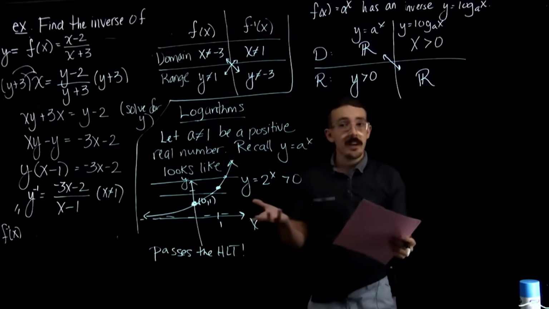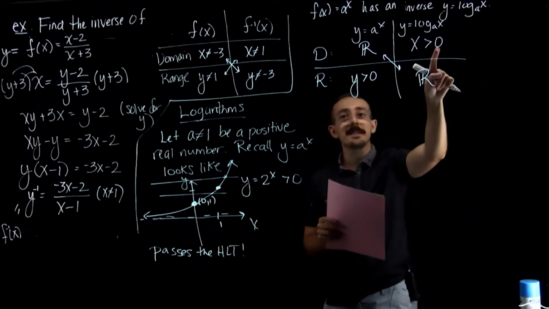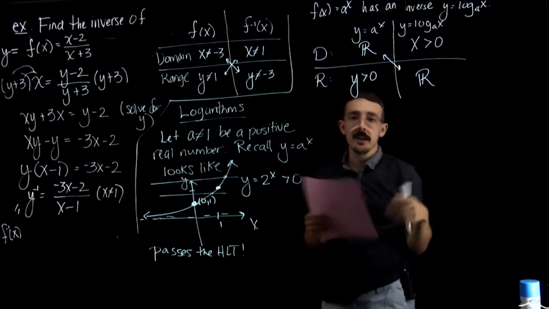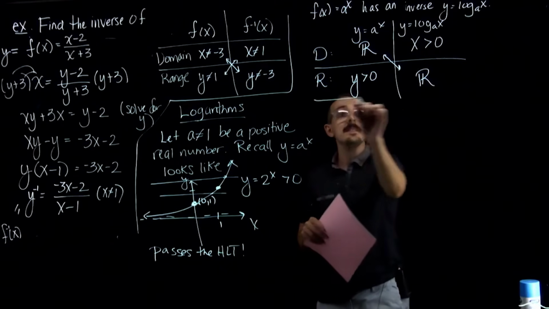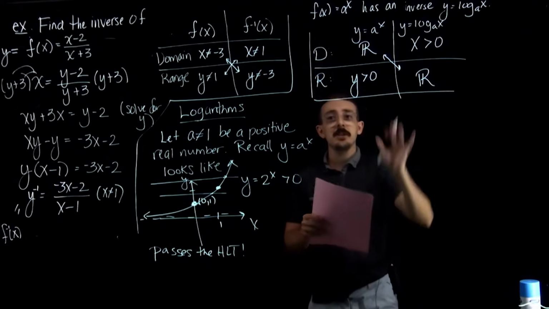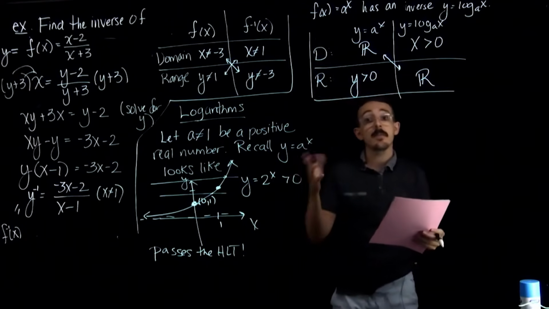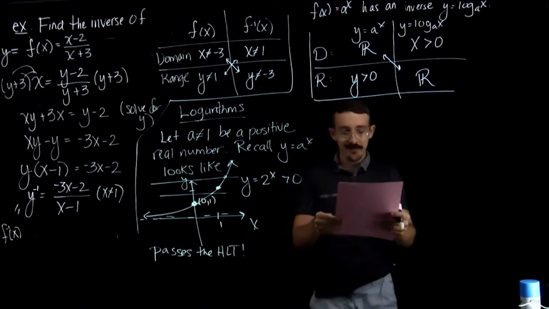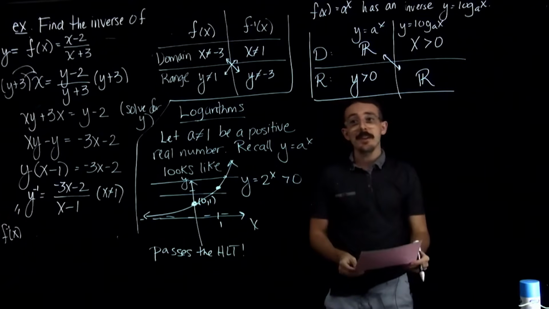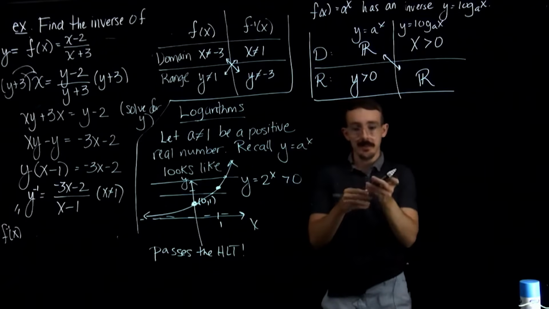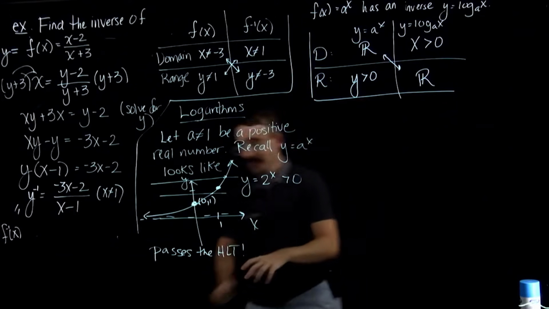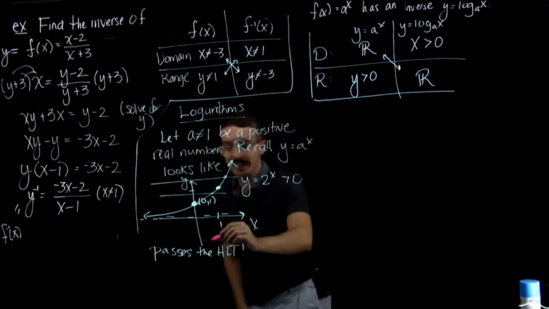In fact, if you have a calculator handy, you can try plugging in 0 or a negative number into log, and you'll see that it'll be undefined. So this is kind of our domain and range chart for exponential and logarithm. If I draw the logarithm, you'll have to believe me, but the logarithm actually looks like this.